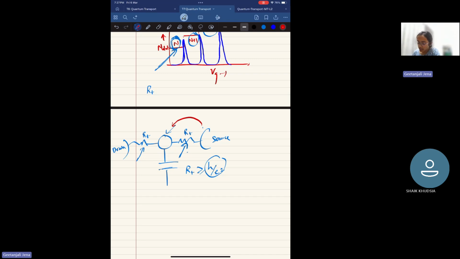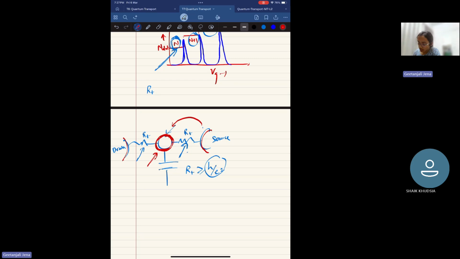Okay. So whenever this R_T is greater than h by e square, then this island is effectively isolated from the source and the drain. So that means the charge carrier that is present in this island remains as an integer. So the charge carrier is well defined in this region.